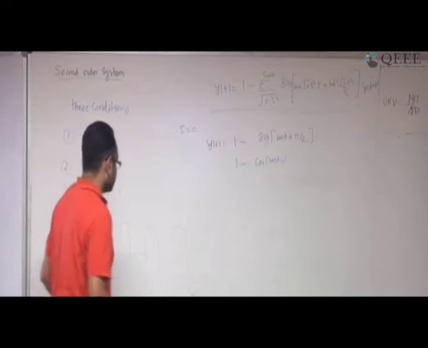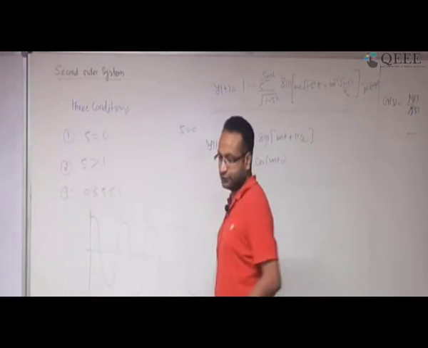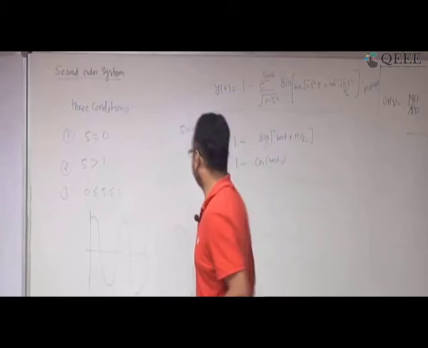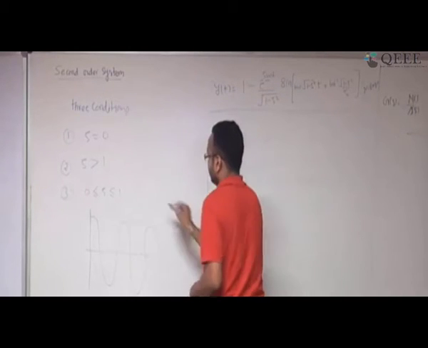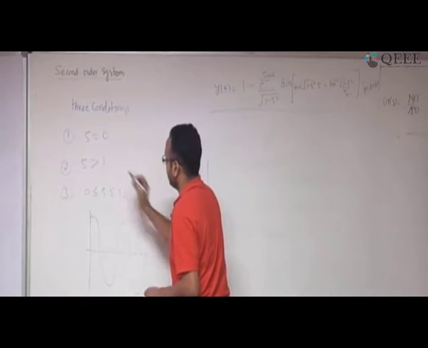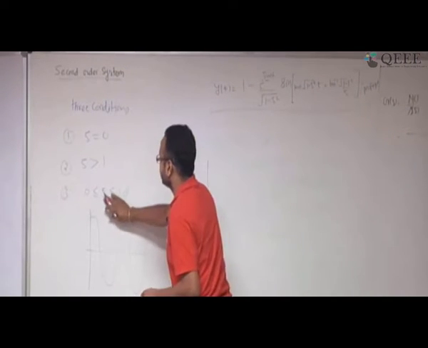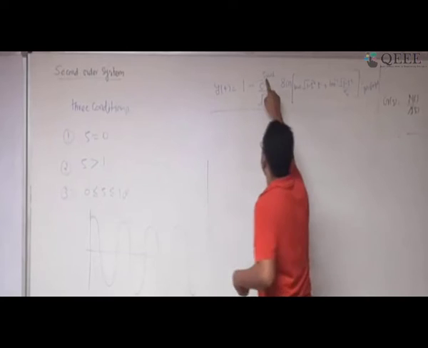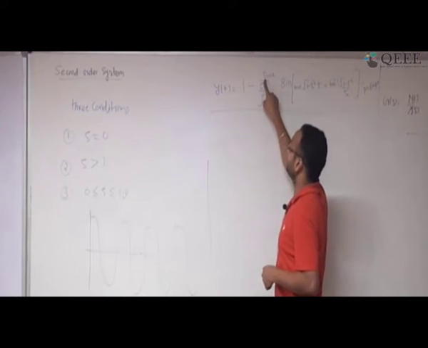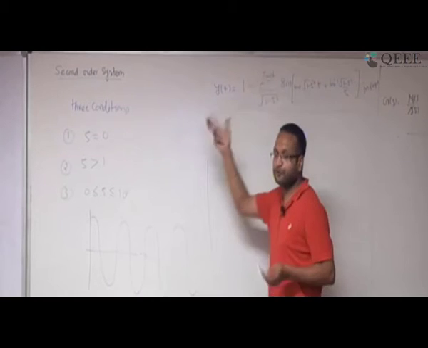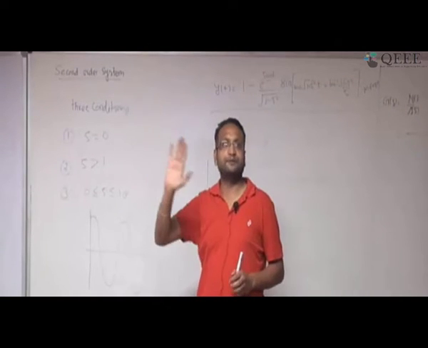Now, this is zeta equal to 0, where we say oscillatory behavior. Now, to understand this, let me first look at this part. Please note that this terminology is my zeta, e to the power minus zeta omega n t. Some of you might use the term rho, but I am sticking with the term zeta.